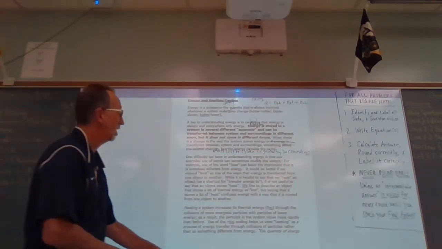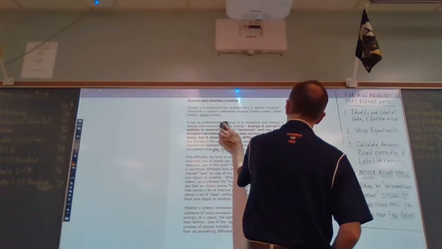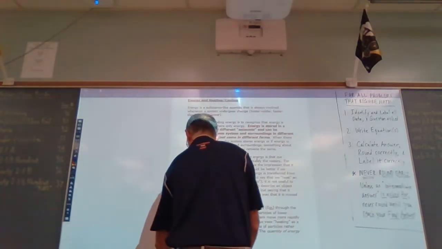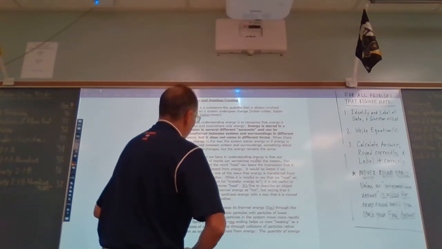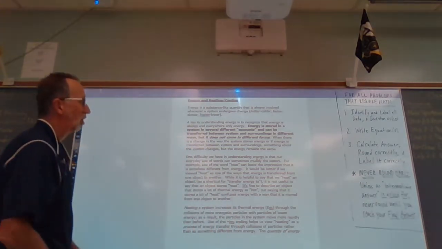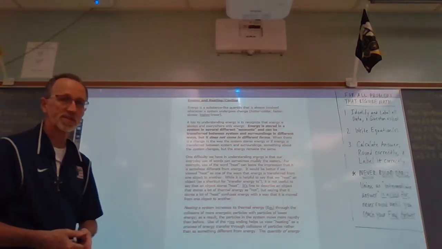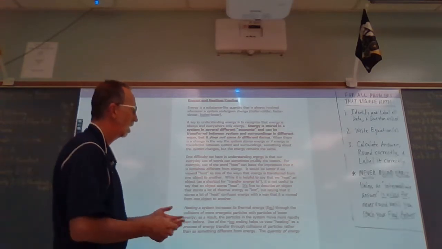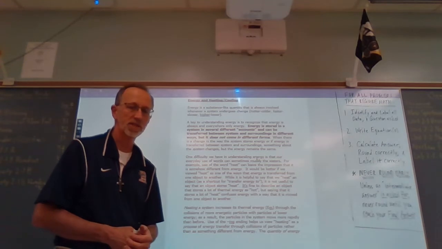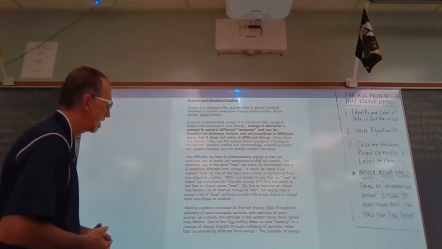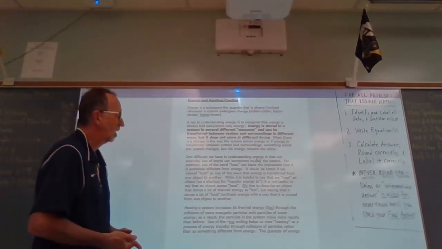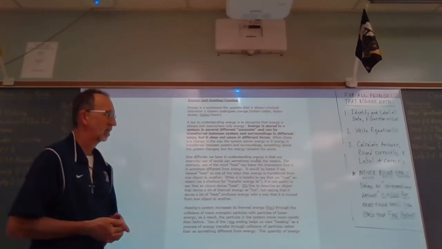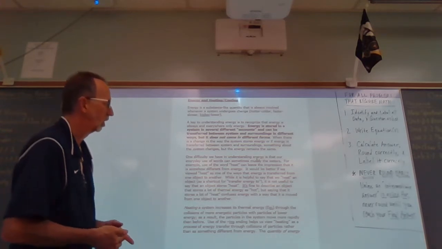So, energy and heating or cooling. Energy is a substance-like quantity that's always involved whenever a system undergoes change. Hotter to colder, faster to slower, higher to lower, whatever: an exchange of energy has occurred. A key to understanding energy is to recognize that energy is always and everywhere only energy.